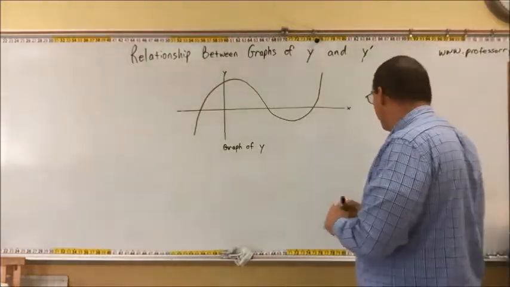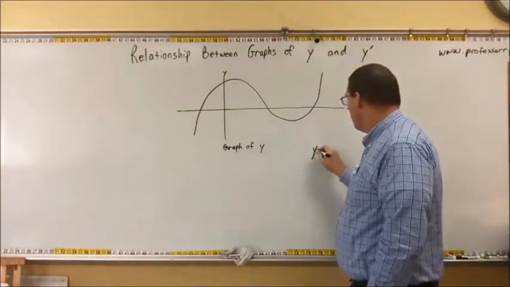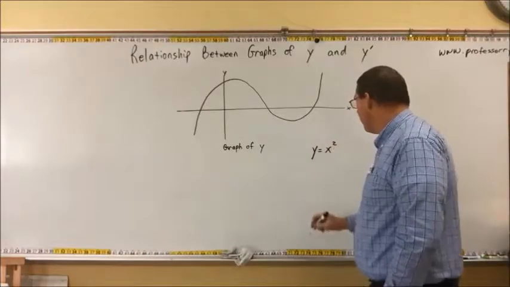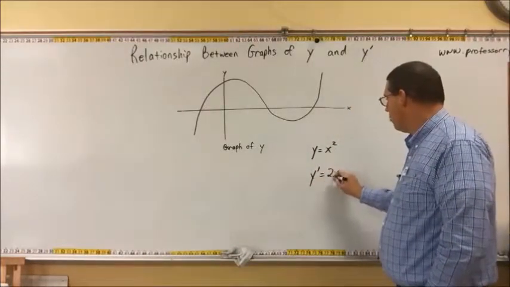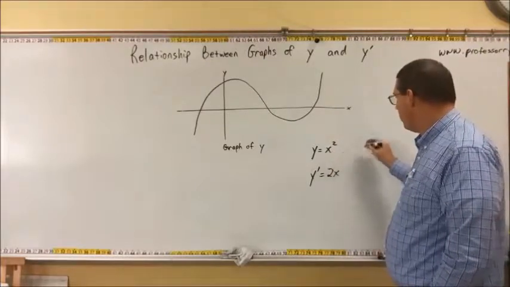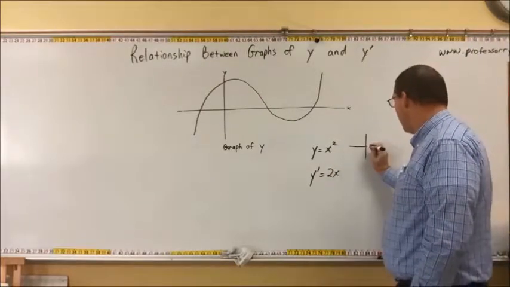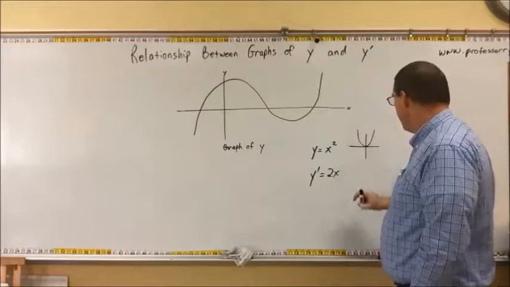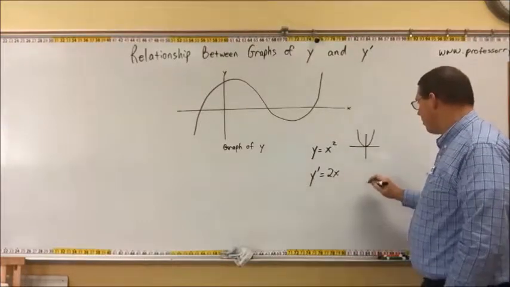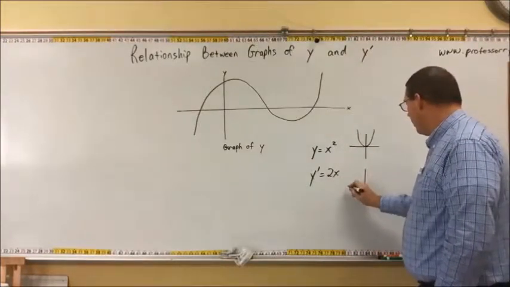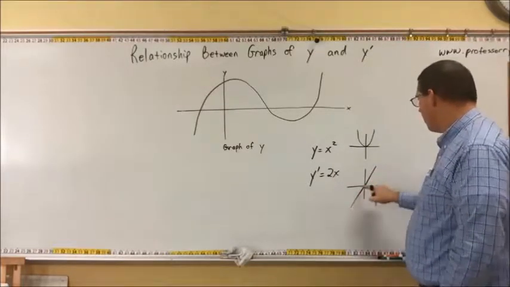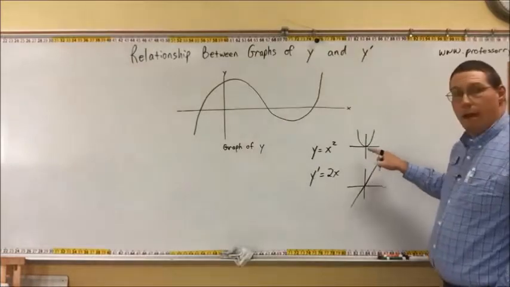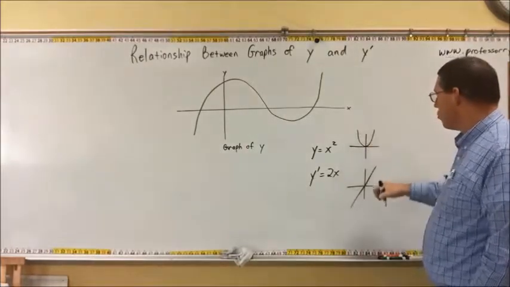Just to give you a quick example, let's say that y is equal to x squared. That means that y prime, the derivative, is 2x. This is a function, and its graph is a parabola. This also is a function, 2x, and it also has a graph, and it looks like this. So this is the graph of 2x, and this is the graph of x squared.